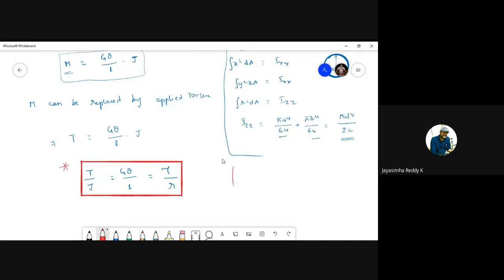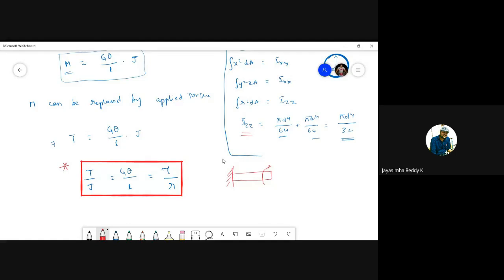So if you take a circular shaft like this, T is the applied torque. J is polar moment of inertia of the circular shaft. So polar moment of inertia for a circular shaft will be pi d power 4 by 32. And G is modulus of rigidity.